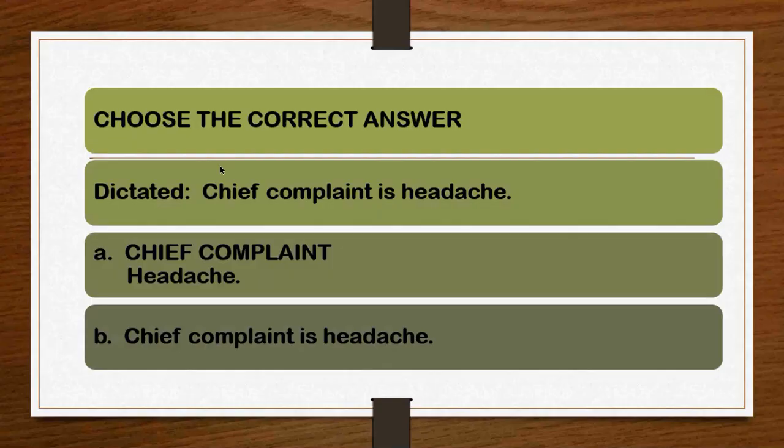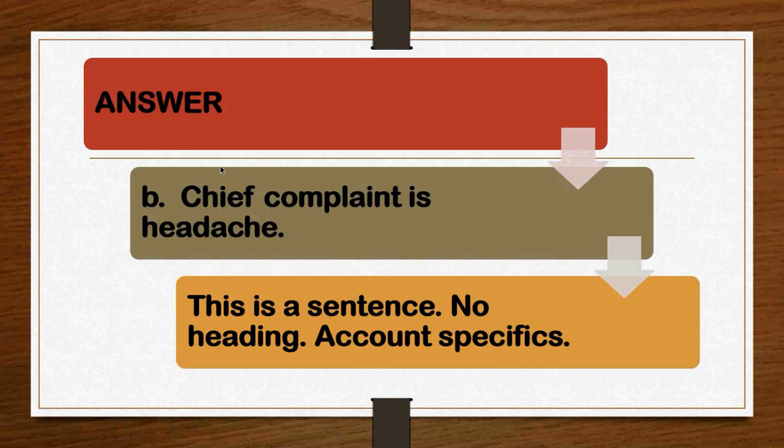How about this one? Chief complaint is headache. A or B? Okay. Is that everybody? B. Is makes it a sentence because is a verb.